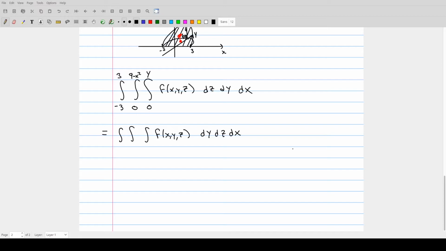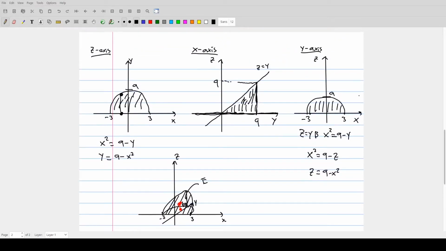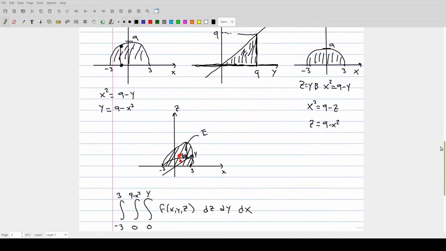Then we have to go back up and look at our traces and see how our variables are changing with respect to each other. So in this case, we have to look at the trace in the zx plane, along the y-axis, and we see that x is going from -3 to 3.